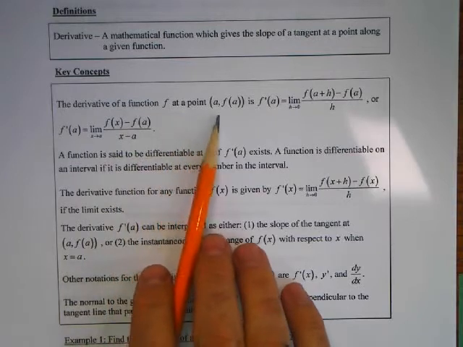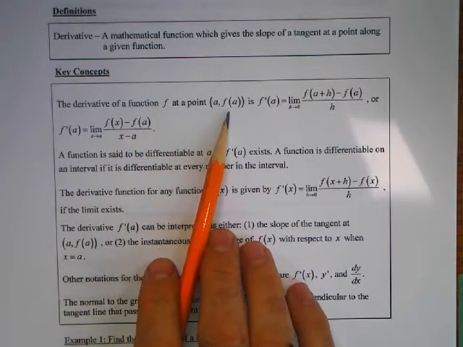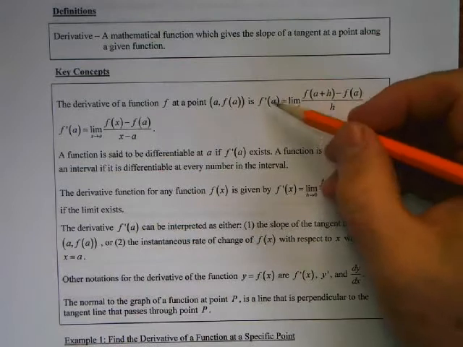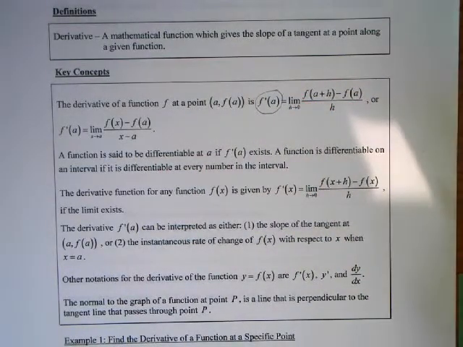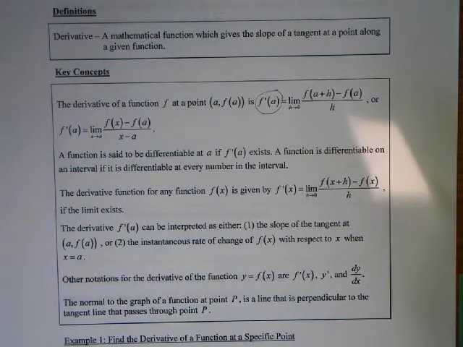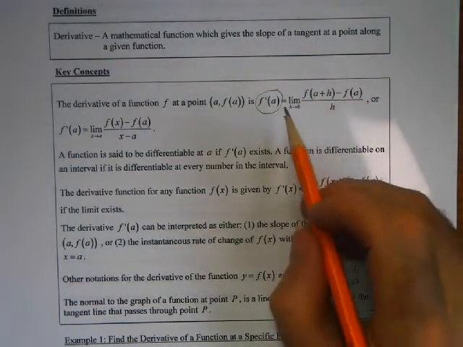Okay, so here's the formal definition. The derivative of function f at a point a, comma f of a is, now here's something new. So instead of saying slope of a tangent or the limit, we have this new notation here.